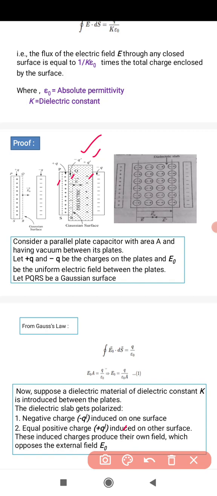These induced charges produce their own electric field, E dash. This E dash is in the direction opposite to the applied electric field. The applied electric field is in the forward direction, so E dash will be in the opposite direction.